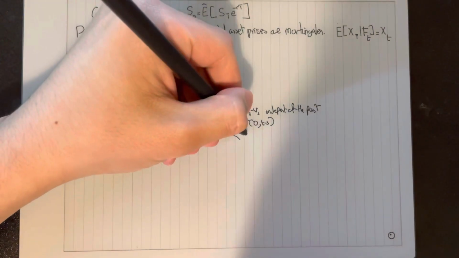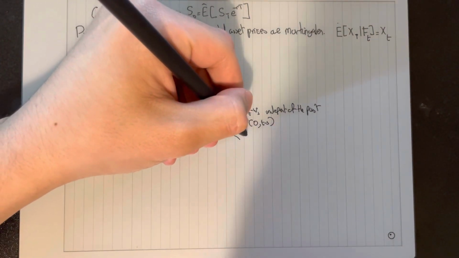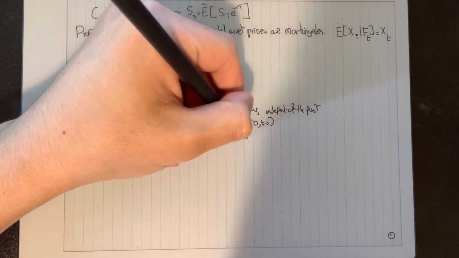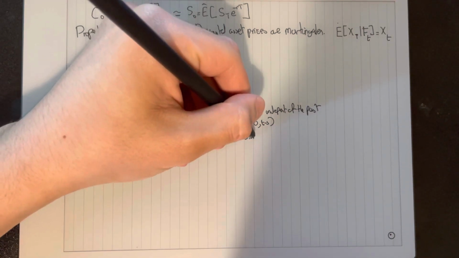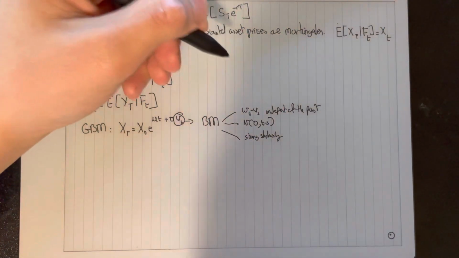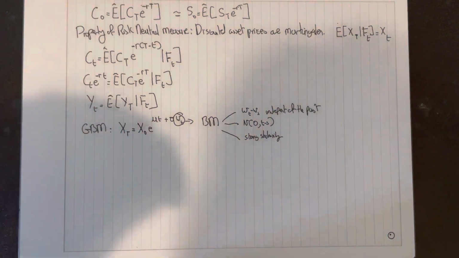So finally, one last thing to note is that the increments of the Brownian motion exhibit something called strong stationarity, and that is dependent on the increment time period.